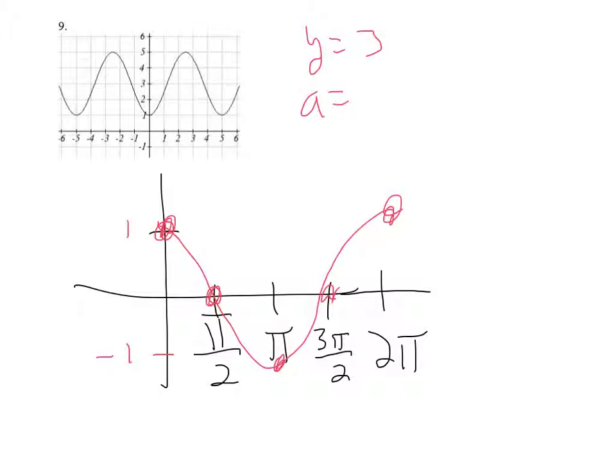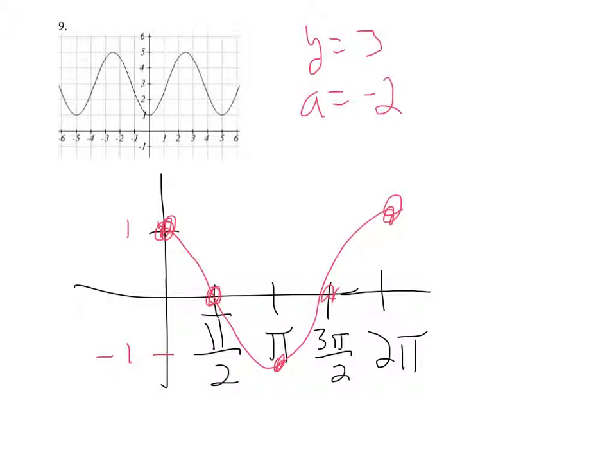Let's see, if I do that max-min thing I did, or I can just count up, I see that this is going 2 units above the midline and 2 units below the midline. So I know the amplitude is 2, and since I'm reflecting it, I'm going to say that A is negative 2.